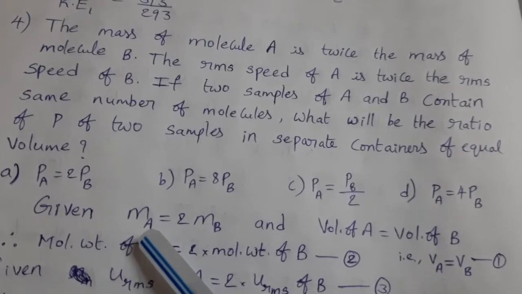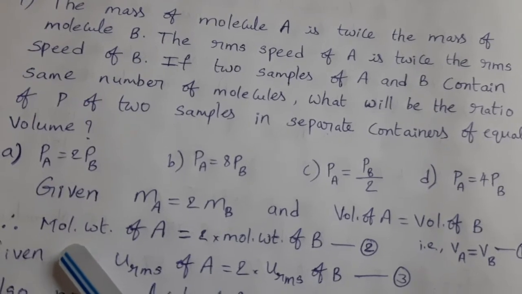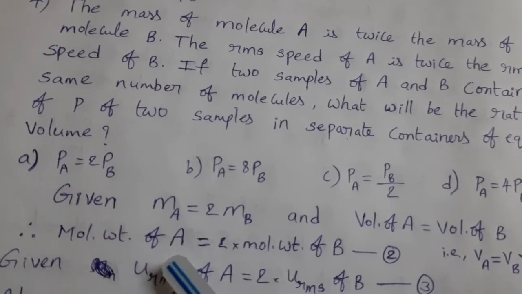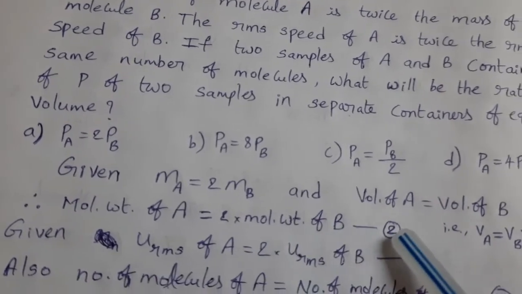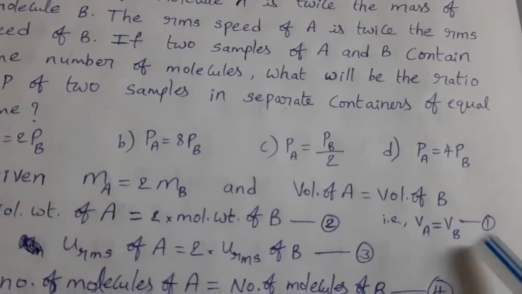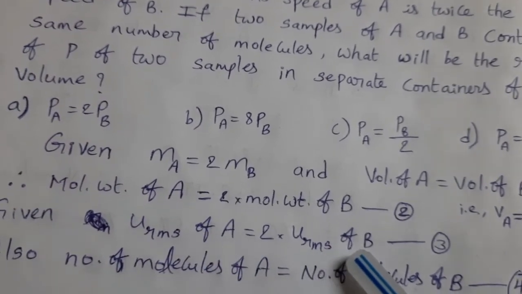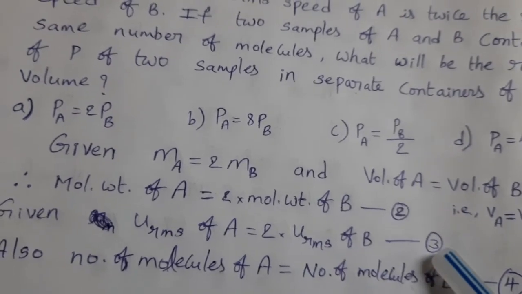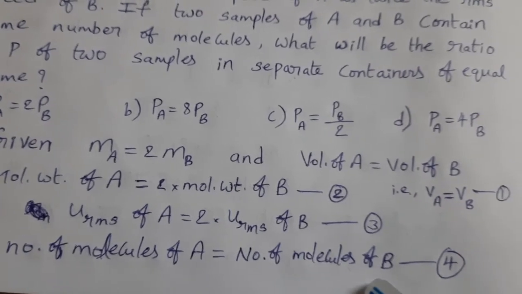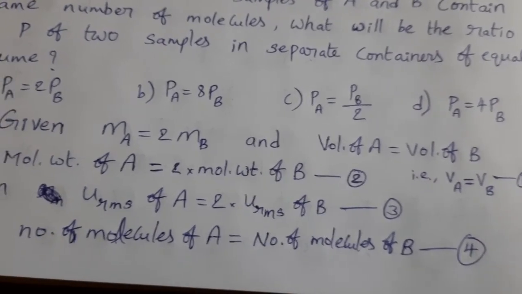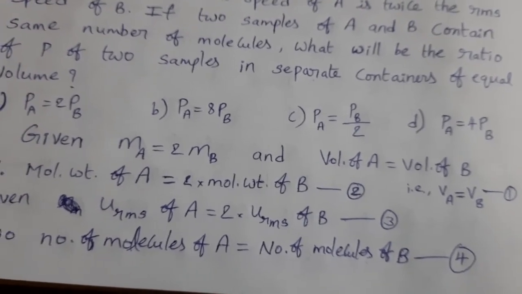Molecular weight of A equal to 2 into molecular weight of B, equation 1. RMS speed of A equal to 2 into RMS speed of B, equation 2. Also number of molecules of A equal to number of molecules of B, equation 3. All these data are given in the question.